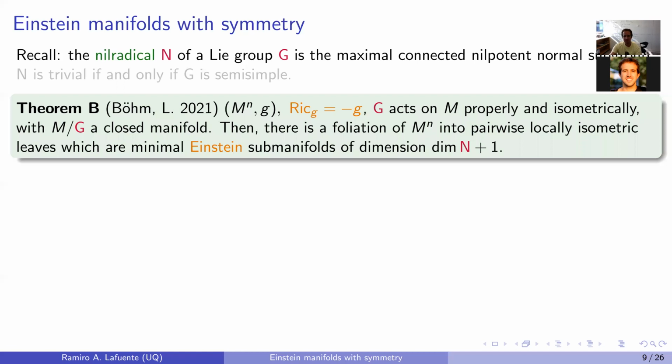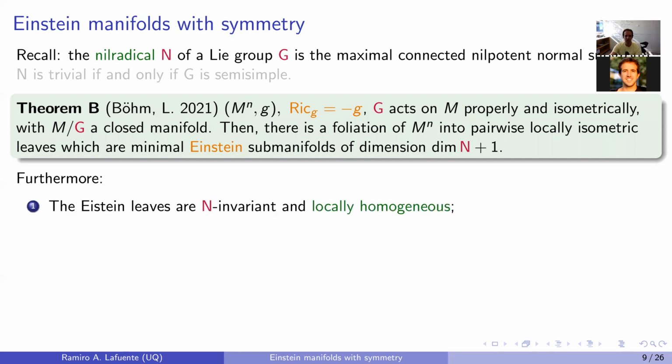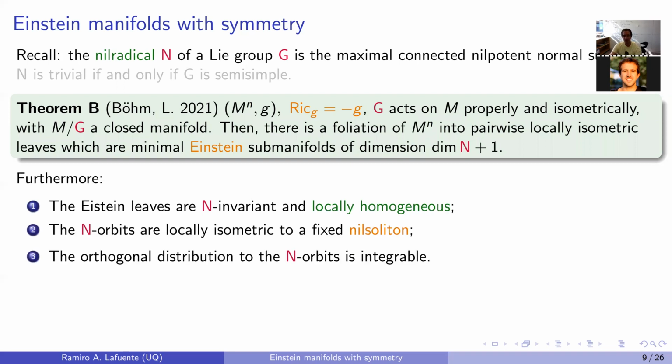Theorem B says that given an Einstein manifold with negative Einstein constant, with a proper isometric action of a Lie group G, for which the orbit space is a closed manifold, then M can be foliated into minimal Einstein submanifolds of dimension dim M plus 1. And there are many other conditions that are satisfied as well.